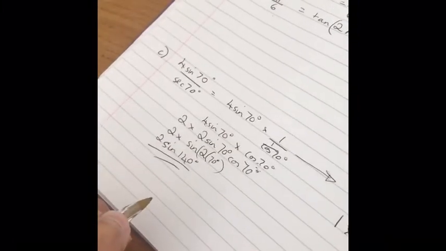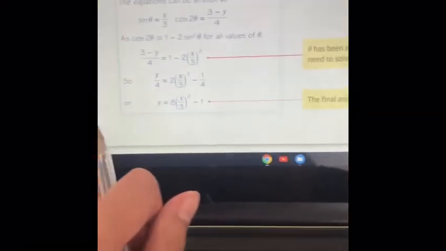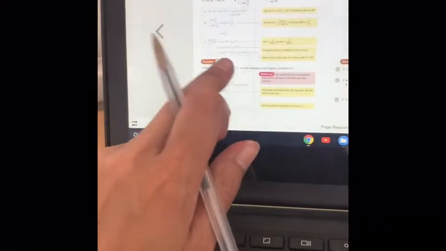Okay, done. All right, let's have a look at the next one. So the next example is example 8, which is, just go back to the actual example, that one there.